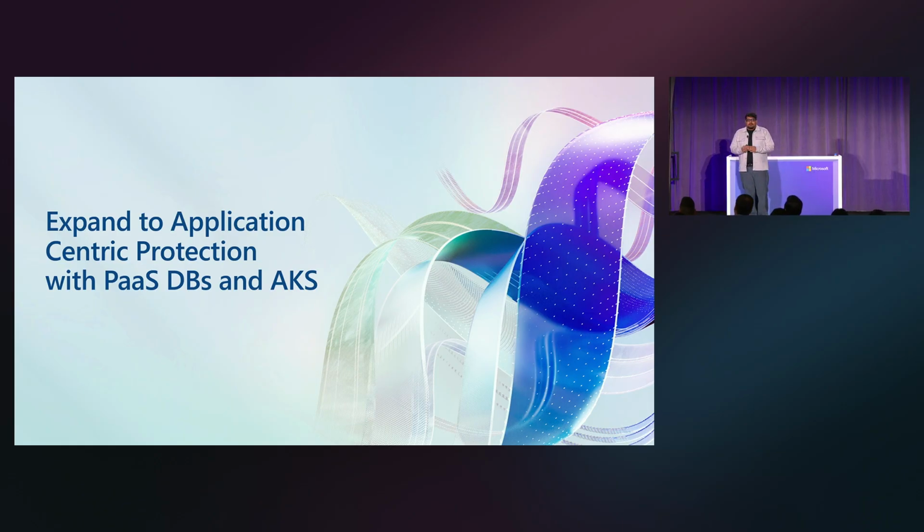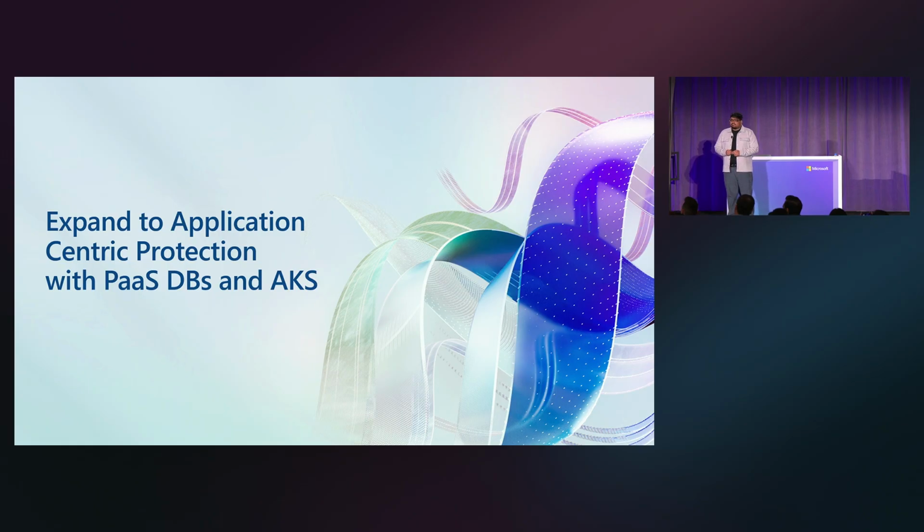So as organizations modernize their applications, many move from VM-based IaaS architectures into cloud-native designs built on microservices and managed databases. This shift brings flexibility as well as scale, but it also fundamentally changes how resiliency must be approached.